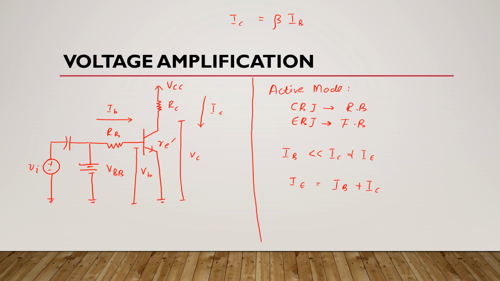So if IB is very small, it means collector current is approximately equal to emitter current.